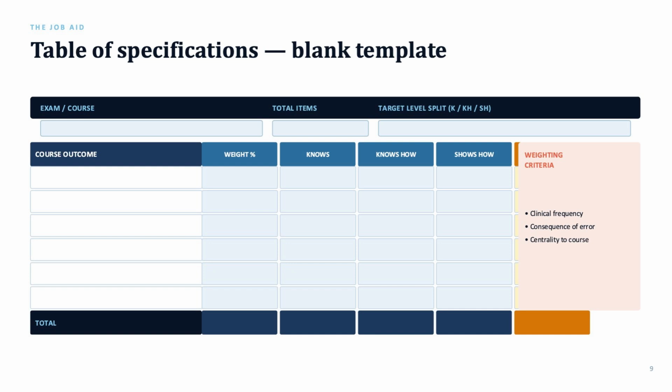The core matrix connects course outcomes to a weight percent, which determines the emphasis each outcome receives. This weight is then distributed across the cognitive levels. The weighting criteria on the right guide this determination, ensuring relevance and validity. They include clinical frequency, consequence of error, and centrality to course, aligning assessment priorities with course objectives.